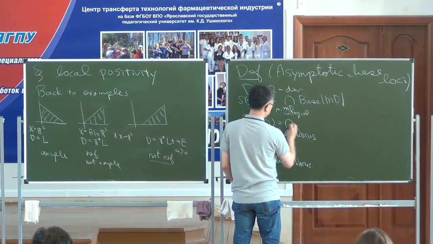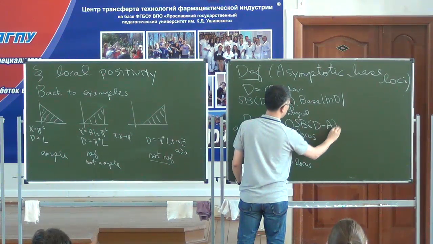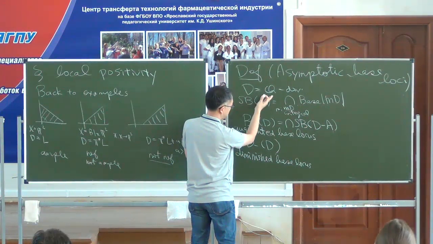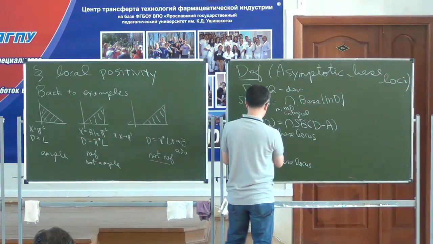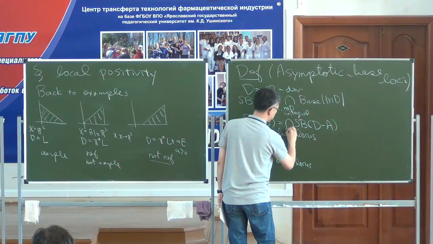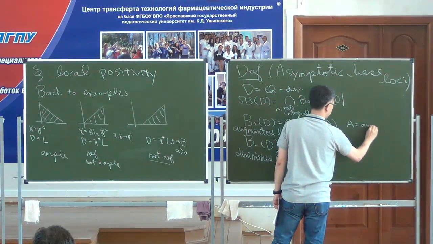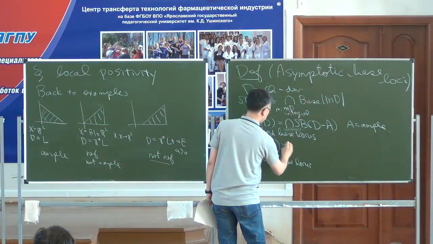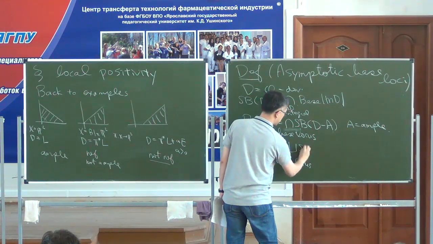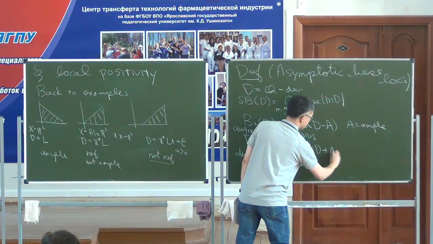This is defined as the intersection of SB, and B minus as the union. This definition actually works for R-divisors, but let's assume that D is a Q-divisor, and A is ample. Here we take the intersection, here we take the union. SB, and here we subtract the ample divisor. Here we add the ample divisor.